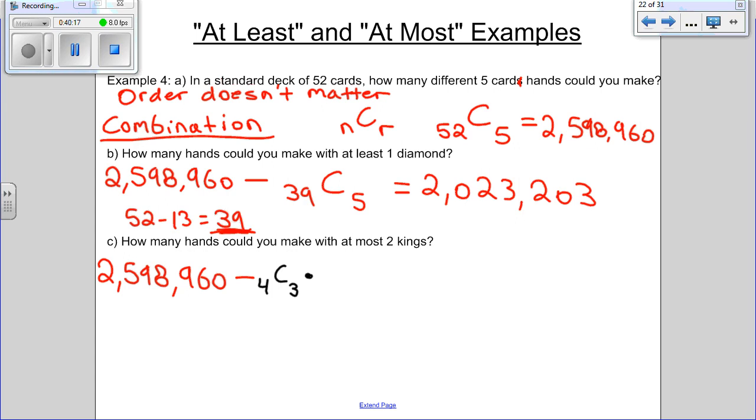Close. We did 48. Because you don't want to accidentally select that extra king. So what a lot of people would do, and a good multiple choice answer would be 49C2. But that means that that extra king is back in the deck, and you don't want to select it. There's 48 non-kings in the deck. You want to choose 2 of them.